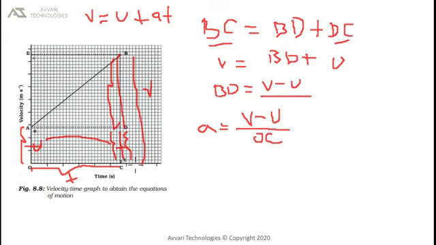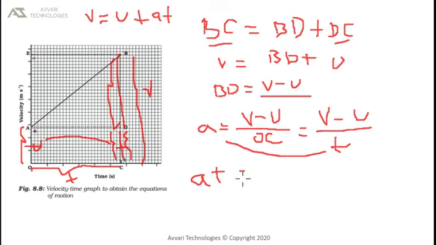The length of OC is time interval, right? V minus U divided by T. When we rearrange these terms, we will get AT is equal to V minus U, or V is equal to U plus AT.